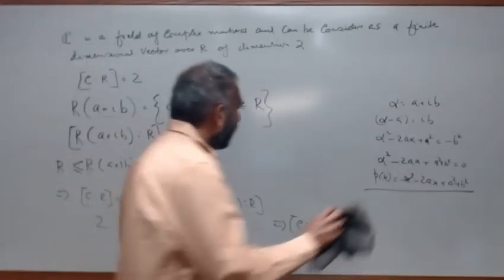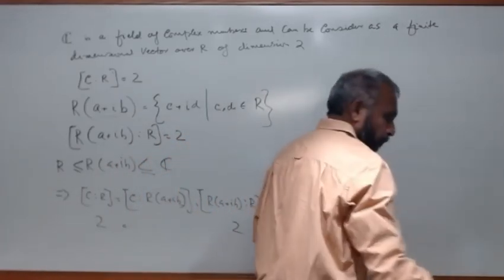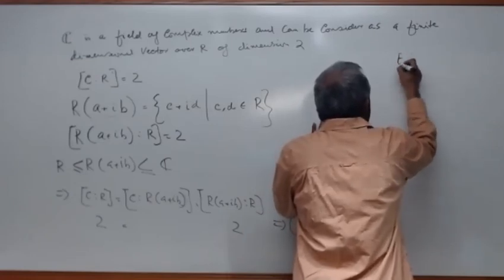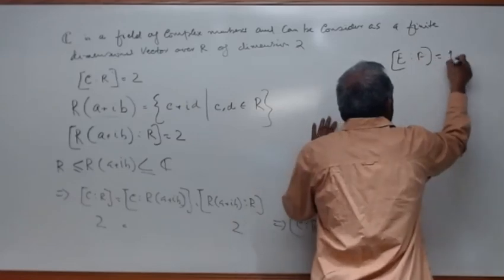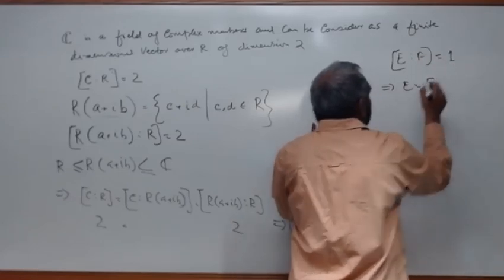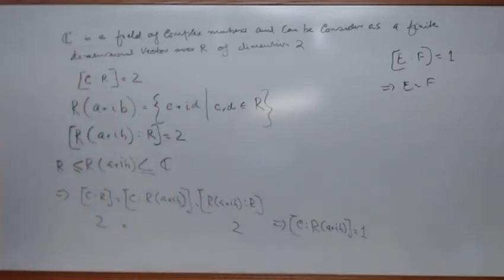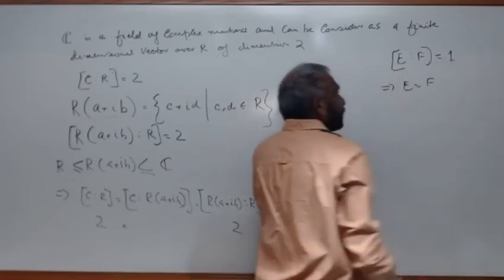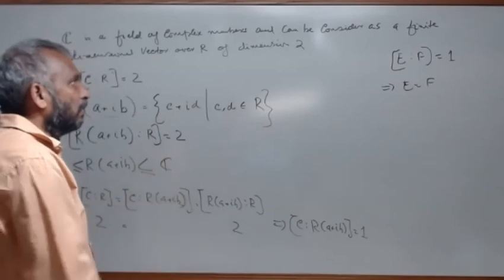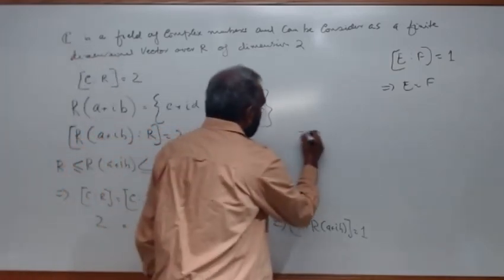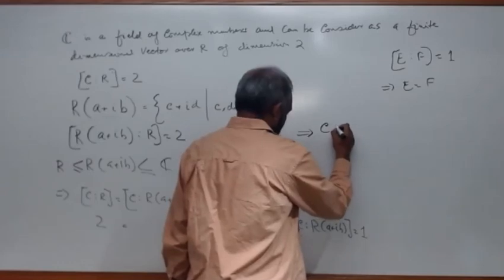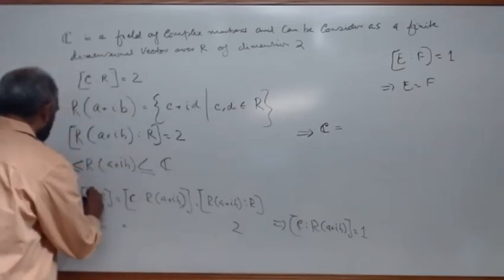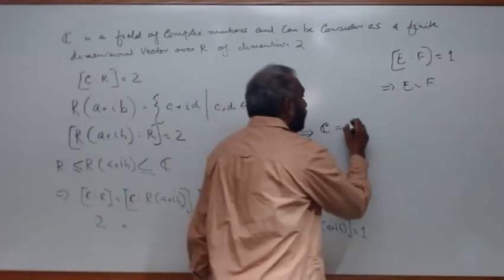Whenever the degree of an extension E over F is equal to 1, that means E is equal to F, because there is only one element that generates this vector space, and that is the identity of F. So this implies that C is equal to the simple extension.